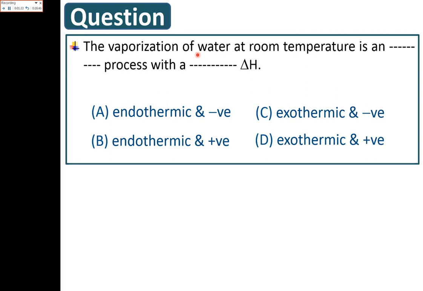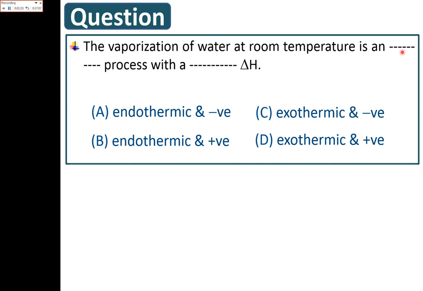Can this vaporization occur at room temperature? Yes, it can. Where does it take the energy from? It takes the energy from the atmosphere, to overcome the intermolecular forces between the water molecules and convert water from the liquid state to the gaseous state.